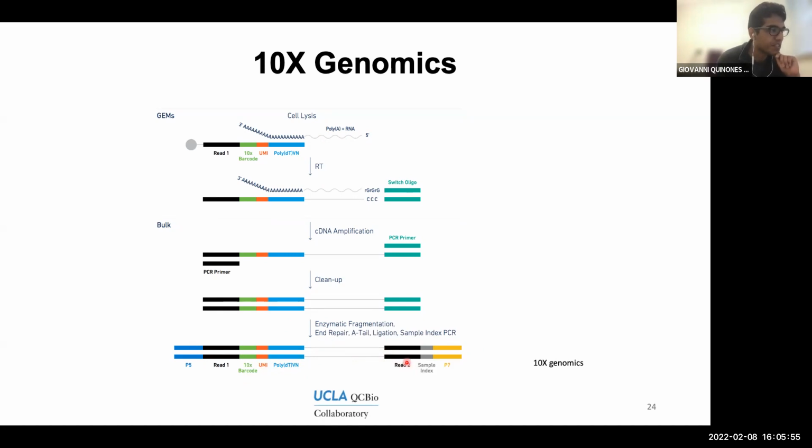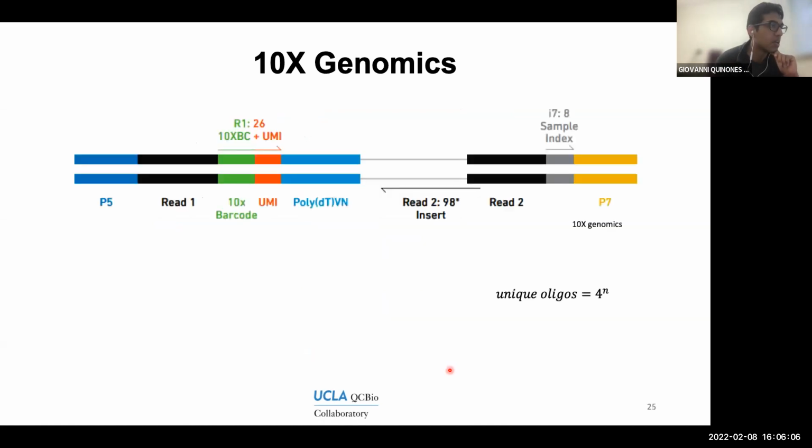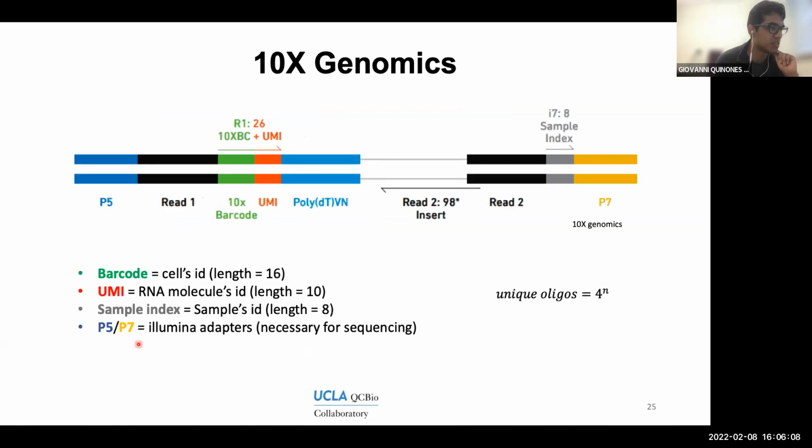And the P5 and P7 sequences are sequences that are used for the sequencer. Actually, I have the full explanation here. Yeah, so here we have our barcode, our UMI, and P5, P7, and also this very short sequence called the sample index, which is just, you can think of it as an extra label to identify the sample that you are analyzing.